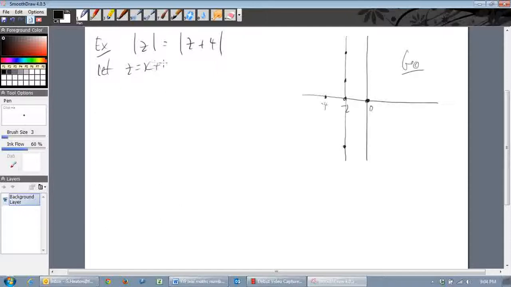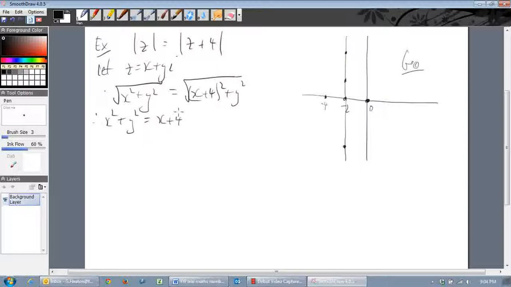So let z = x + yi. Therefore, I'm just going to do it real quick now. Modulus of z is the square root of x² + y², and that's equal to the square root of, I'm going to put this straight in, hopefully you can follow me, (x + 4)² + y². Okay, now let's just solve this. Square both sides. x² + y² = (x + 4)² + y².